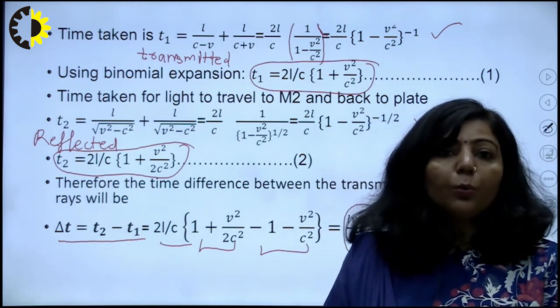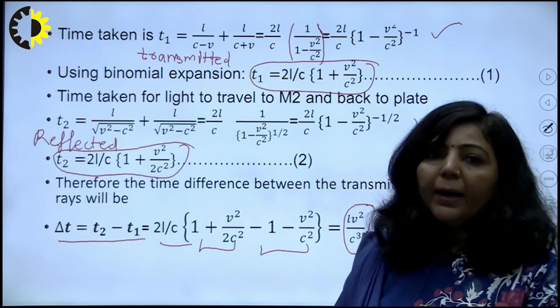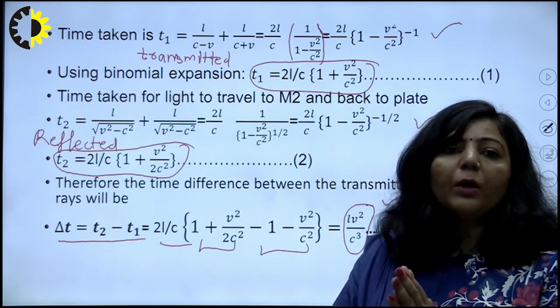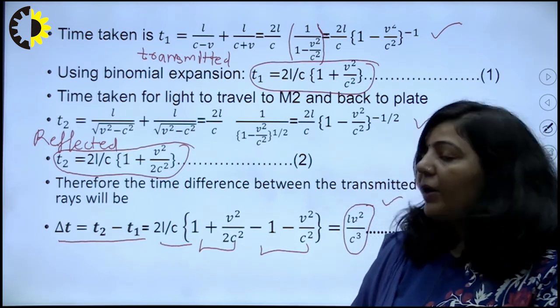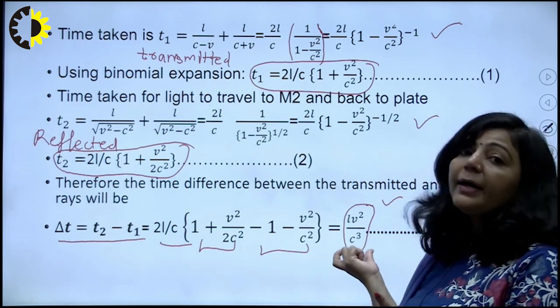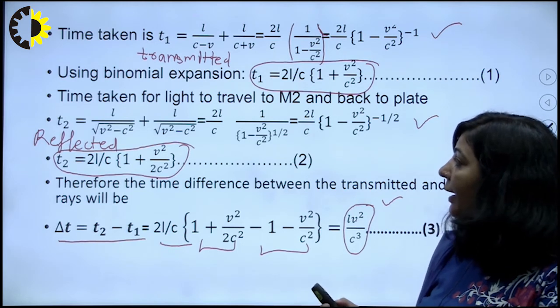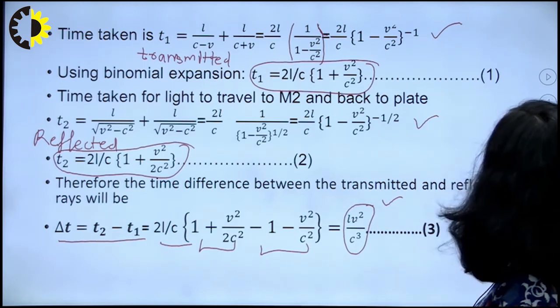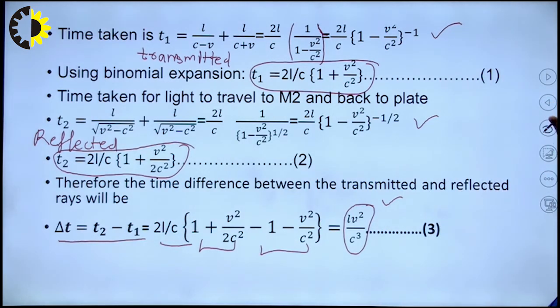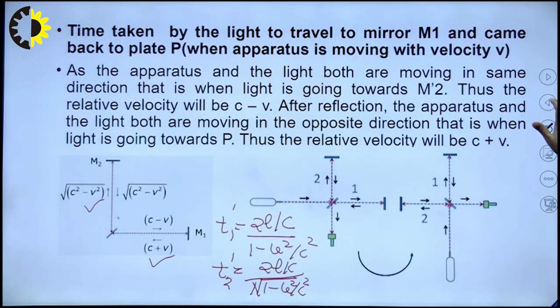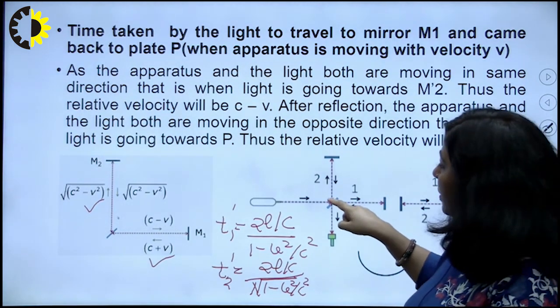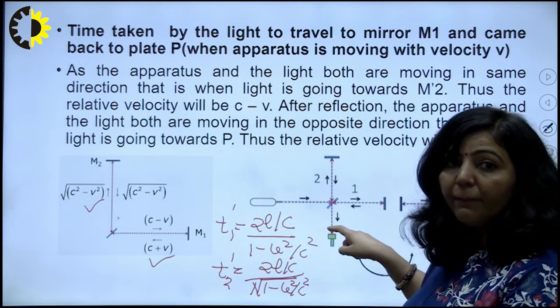In case number 2, the apparatus is moving, and it is moving with respect to an observer sitting in the ether frame. So you are getting a time difference here, meaning both the rays will reach the glass plate at different times, so there will be a path difference.